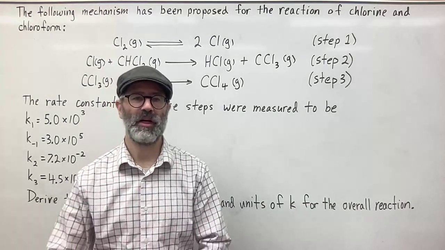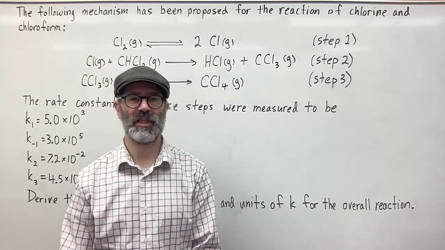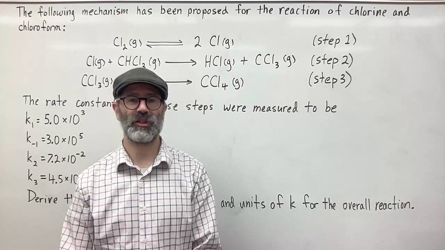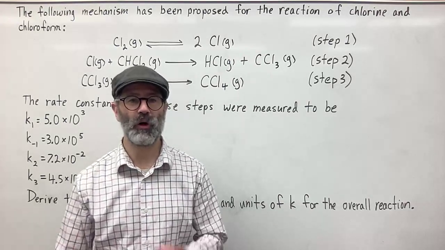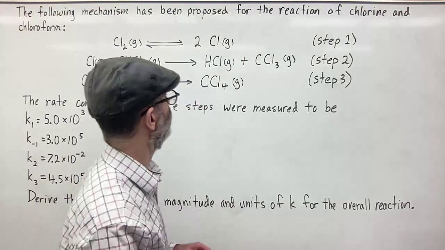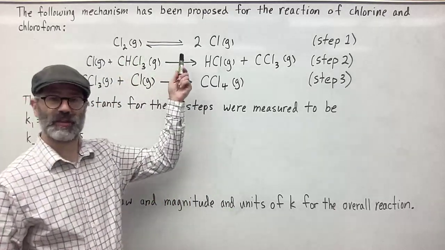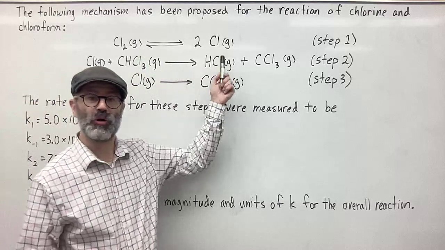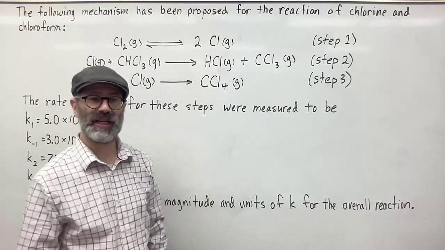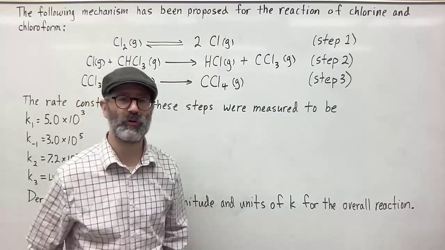So for this problem, the following mechanism has been proposed for the reaction of chlorine and chloroform. Here you have in the first step, chlorine gas reacting to form two chlorine atoms in the gaseous form, so it's split apart into two atoms.